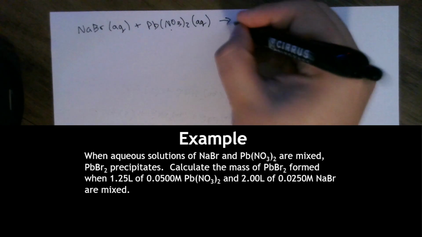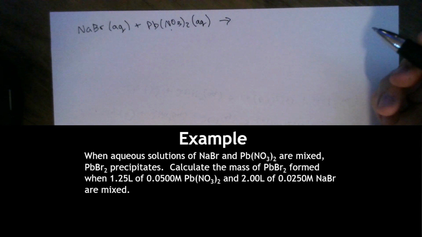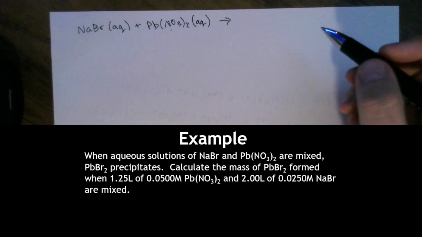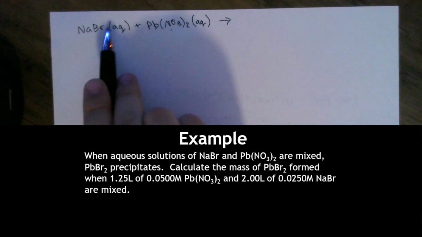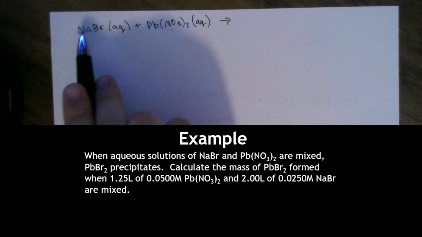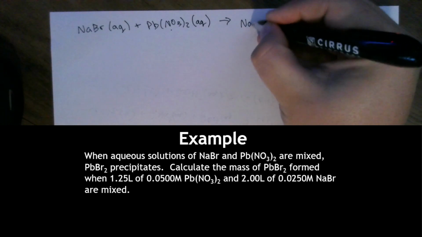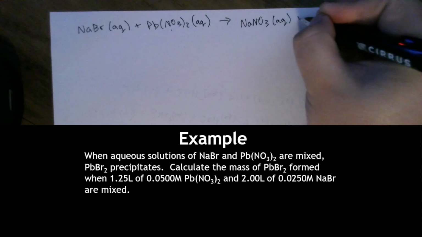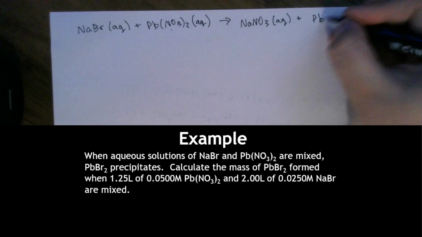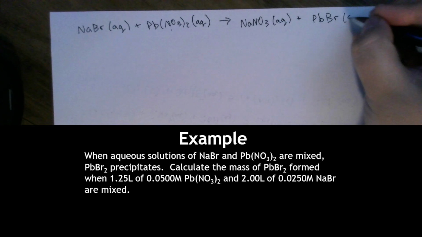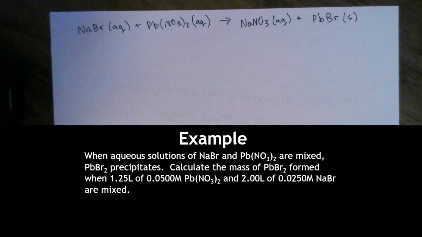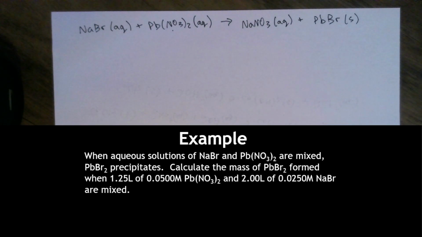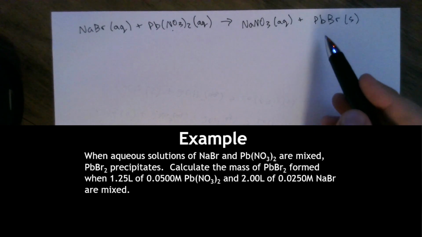They're mixed, and PbBr2 precipitates. Well, that'd be one of my two compounds when these two mix, but I'm also going to make NaNO3, aqueous, plus my PbBr2 like it says. That's a solid, which checks out. It precipitates. When I mix these, I just want to know how much of this I make.